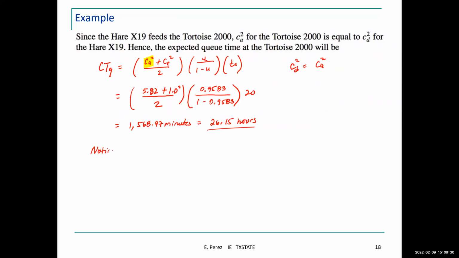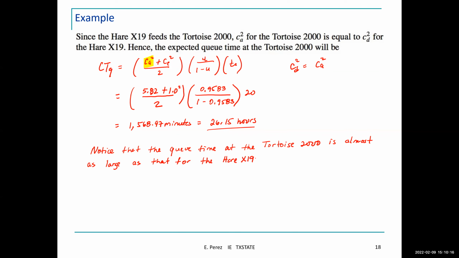So notice that the Q time at the tortuous 2000 is almost as large as that for the X19, even though the X19 has much higher process variability.